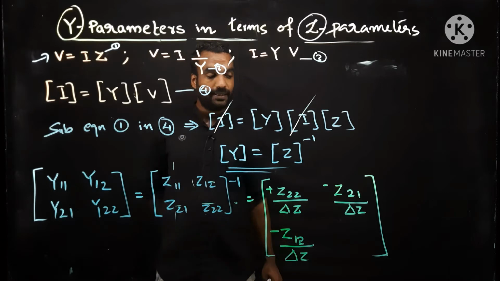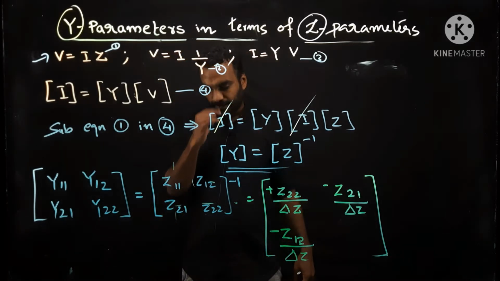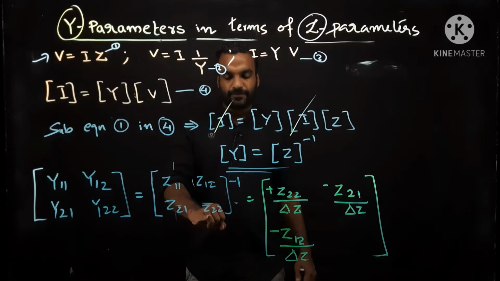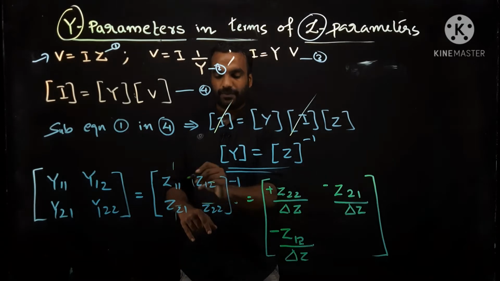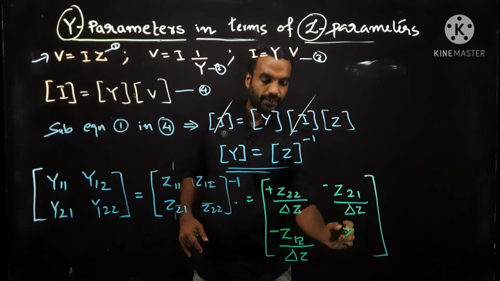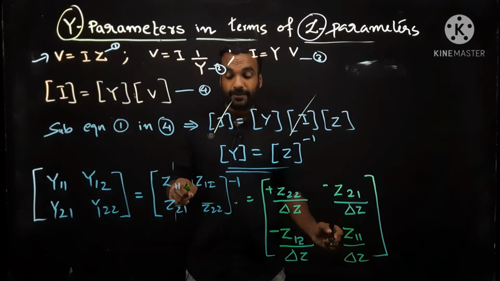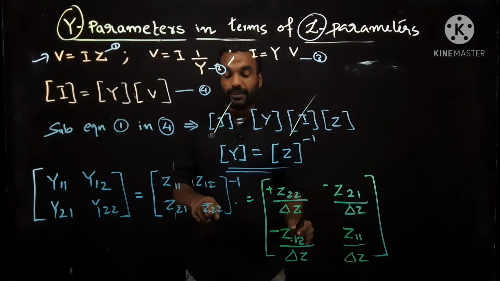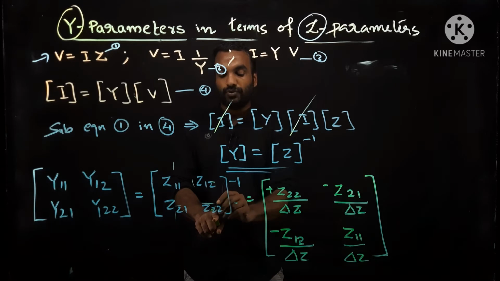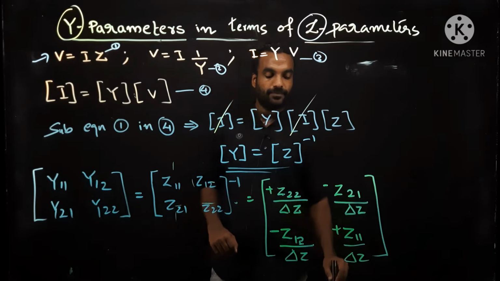So you have to take negative here. Okay. Then for this term, you have to take this element, draw a line like this and like this. Then this will be the remaining element. So that will be Z11 by delta Z. And what will be the sign? Because now you are taking this element, its position is 2, 2. So 2 plus 2 is 4. It's an even number. So it is plus.